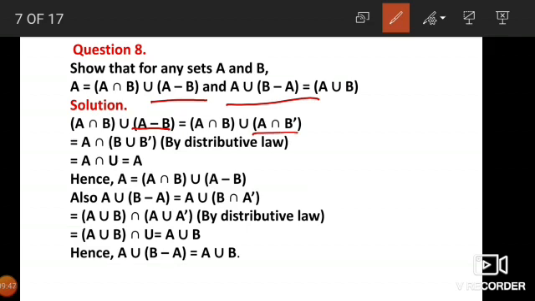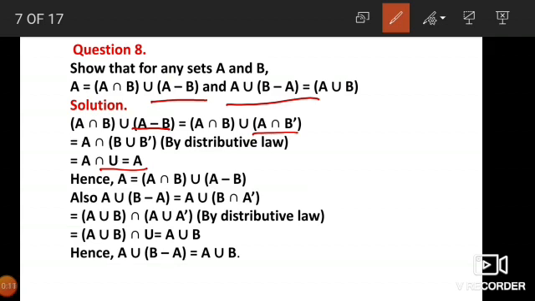So in the place of A minus B, you can write A intersection B dash. By applying the distributive law, you get A intersection B union B dash. B union B dash is your universal set, so it is equal to A. Therefore, A equal to A intersection B union A minus B.